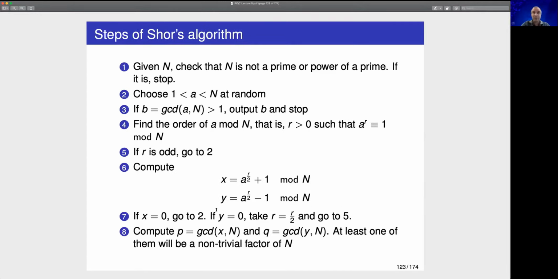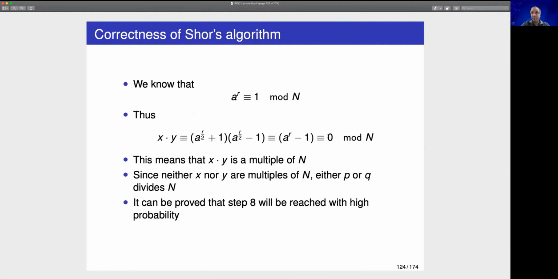It cannot be that both P and Q are 1, because then we do not have this equality here. This means that x times y is a multiple of n, and then at least P or Q is a non-trivial factor of n.